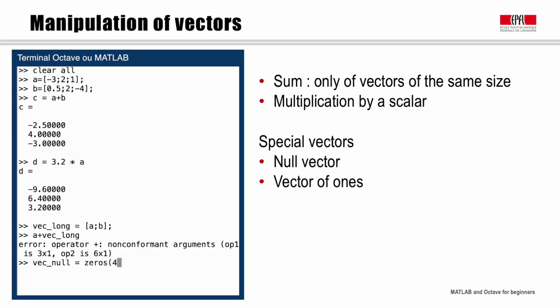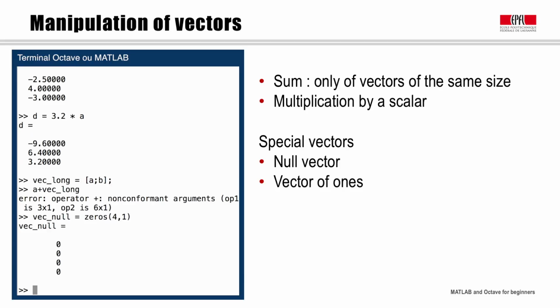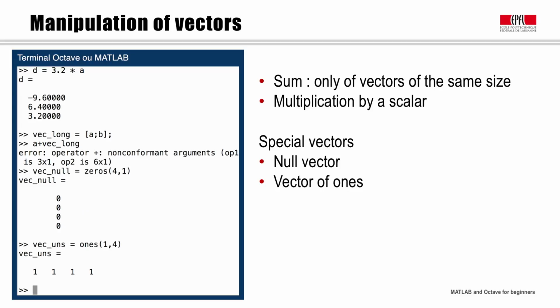It creates a 4 by 1, so a column vector with 4 entries, and all are null, are 0. I can also define a vector of 1s. This time I would like a row vector. So it's ones 1, 4. Again, here the size is 1 by 4. It is a row vector with 4 entries and all equal to 1.